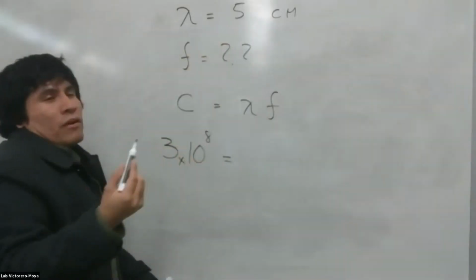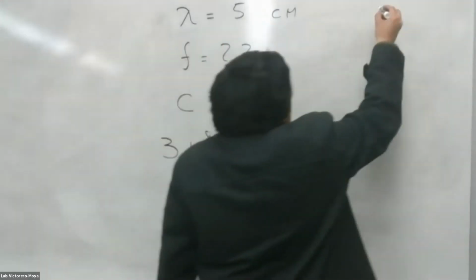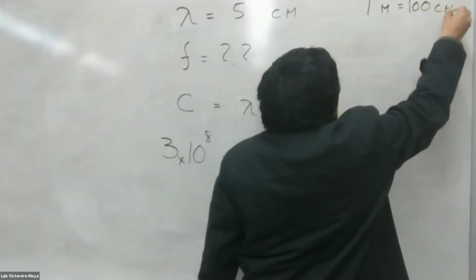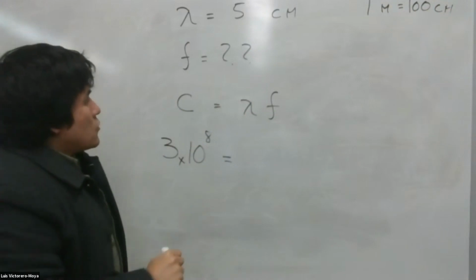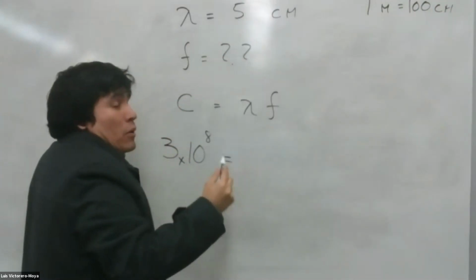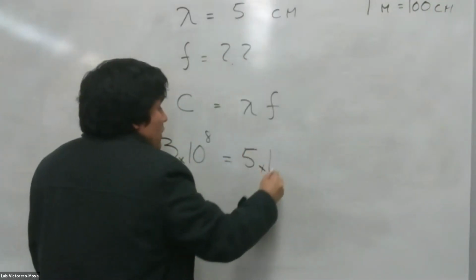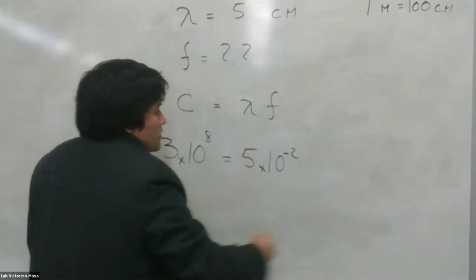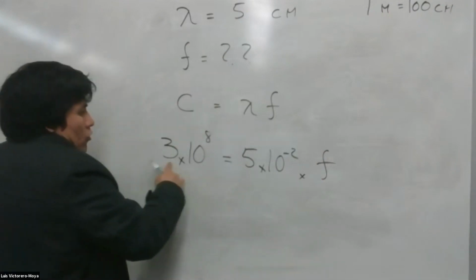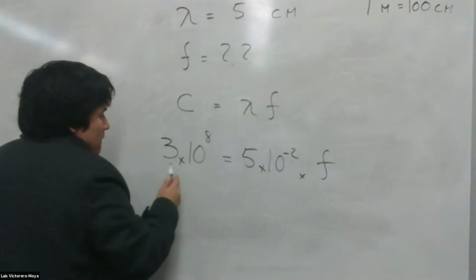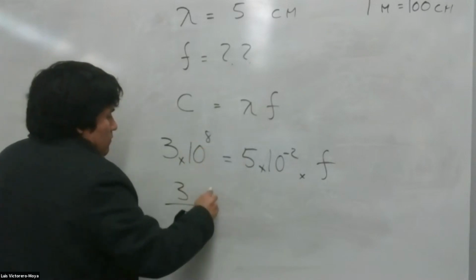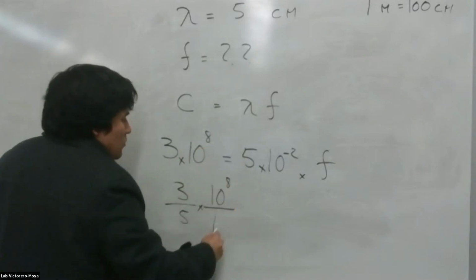I know lambda, but I don't write 5. 1 meter is 100 centimeters, so we divide 5 by 100, or we use powers of 10: 5 times 10 to the negative 2, that's in meters, times the frequency. Okay, so 3 divided by 5 here, and let's see, 10 to the 8 divided by 10 to the negative 2.